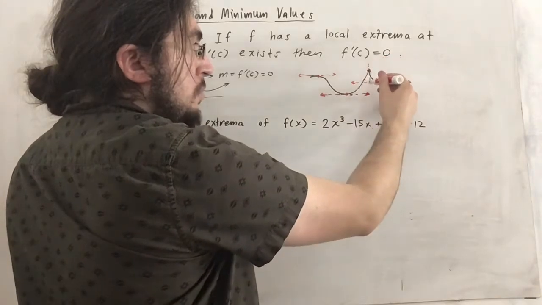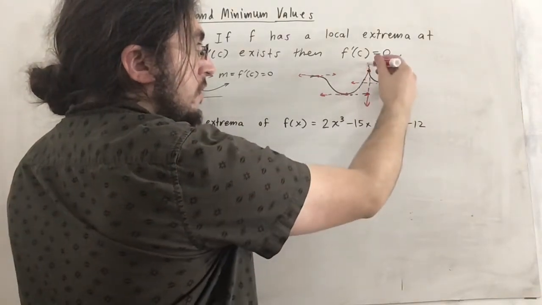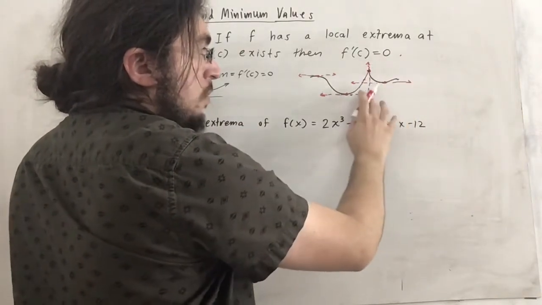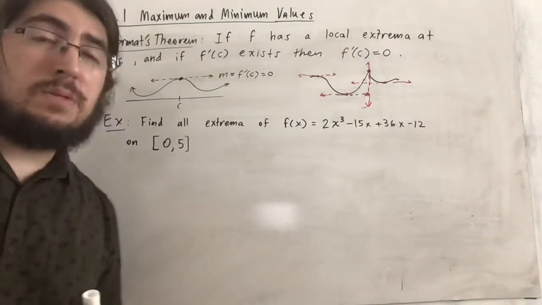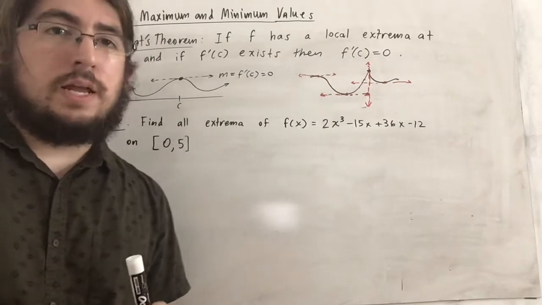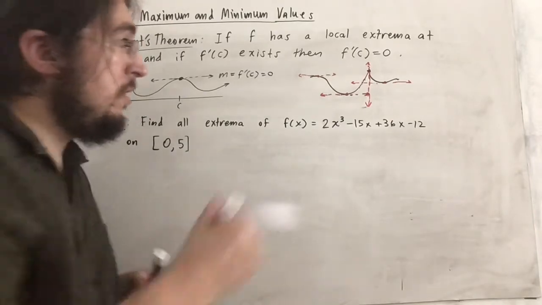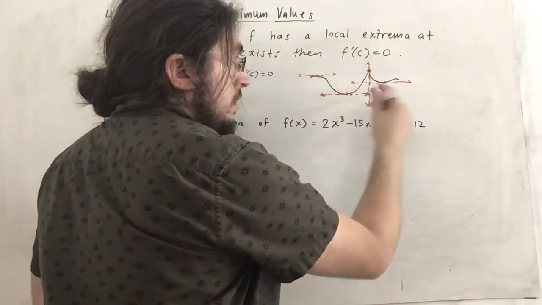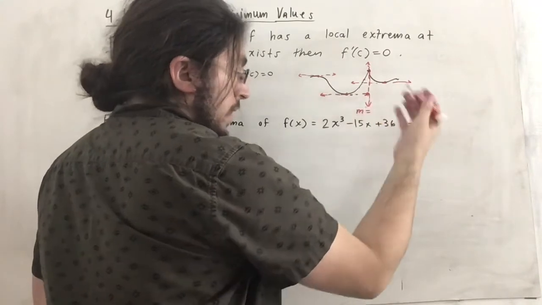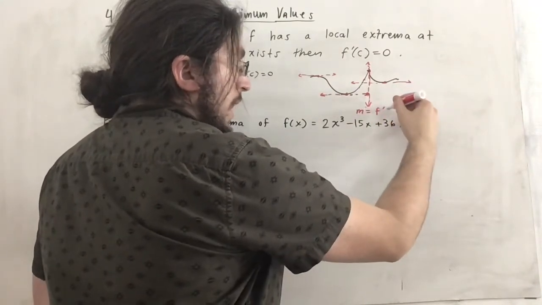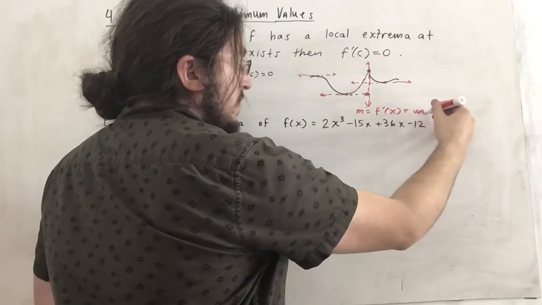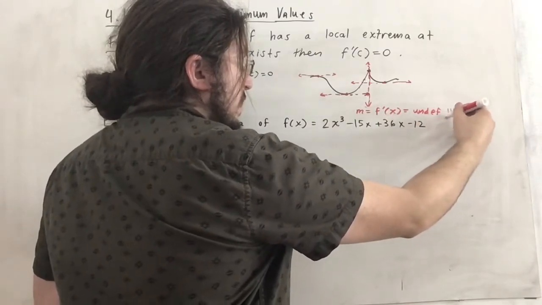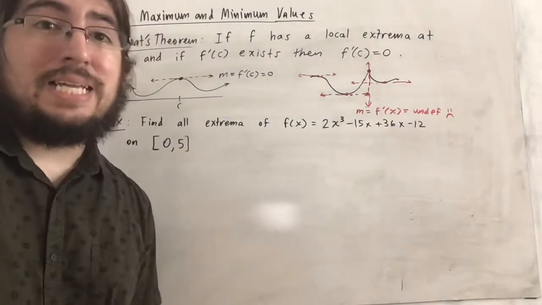So at this point, we actually have a vertical tangent line. And what's bad about vertical lines is, if you remember, horizontal lines have a slope of 0. A vertical line has a slope of undefined, meaning its derivative doesn't exist at that point.